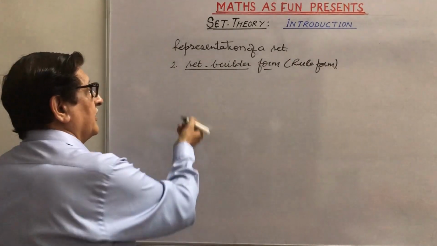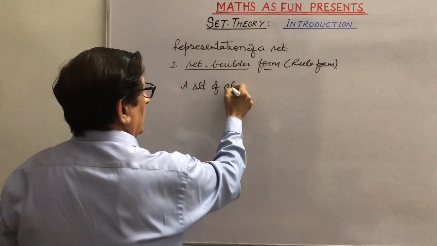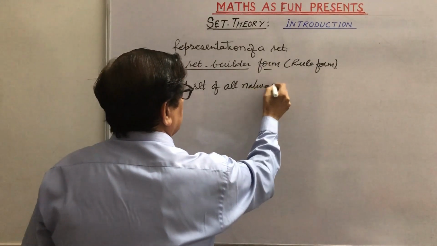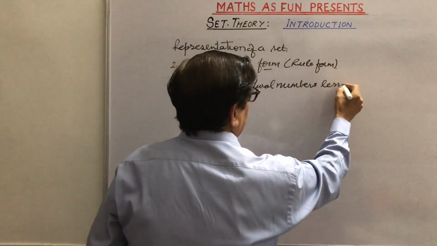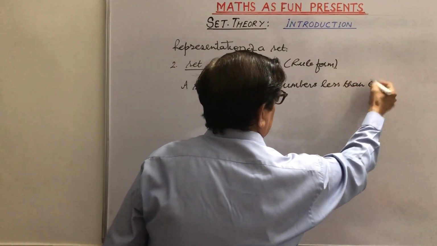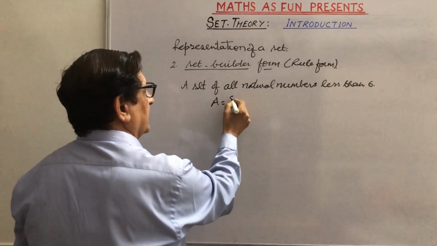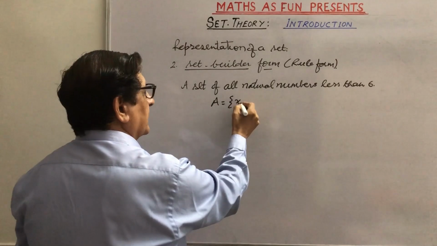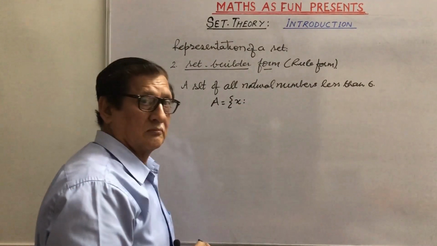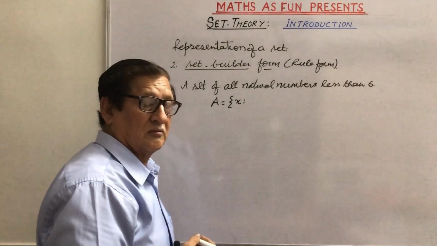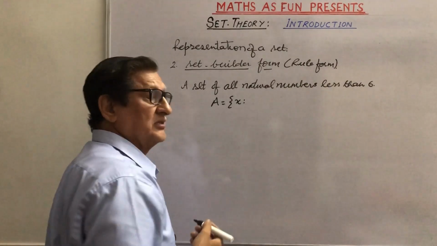Like we have a set of all natural numbers less than 6. In the set builder form, we will write this, suppose, as set A, and we can write X such that, this is the symbol for such that. What X? X is a natural number and that is less than 6.